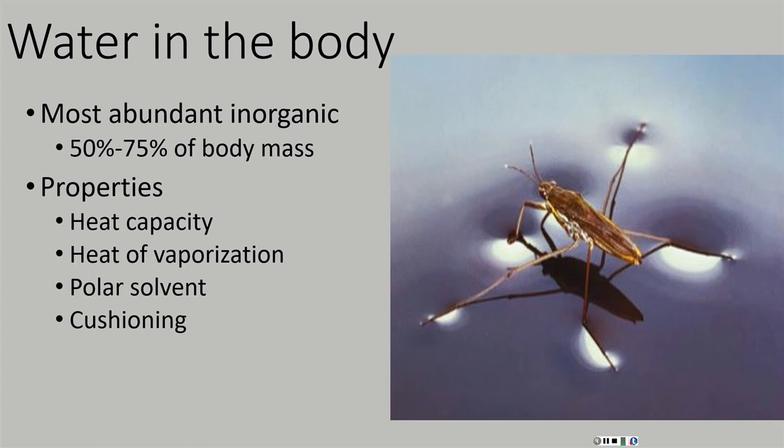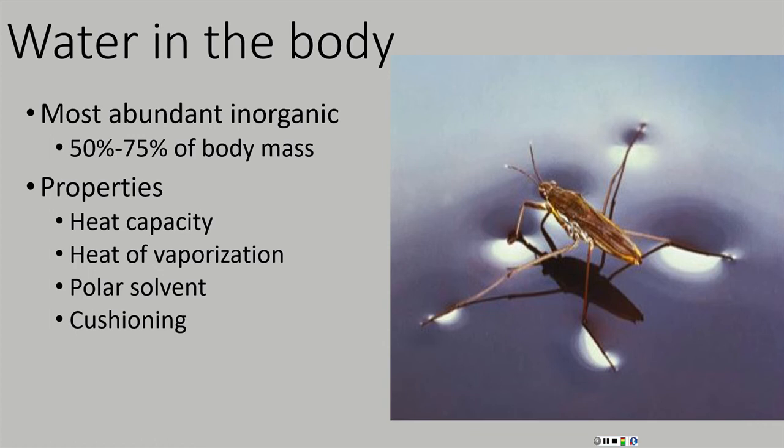Next, heat of vaporization. The heat of vaporization is how much energy or how much heat is required to convert something from liquid to gas. If we're talking about water, it has a high heat of vaporization, meaning that it takes a lot of energy for it to convert from liquid water to water vapor.